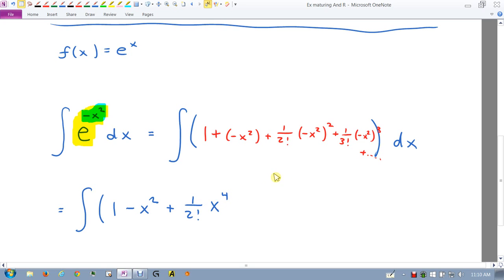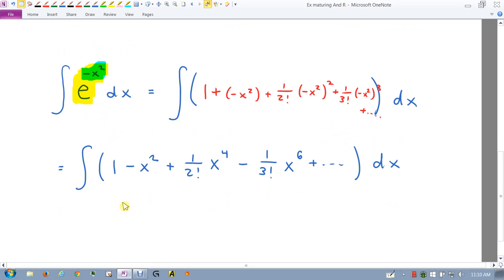Now what about the next one? When you take negative x squared and cube it, you get what? Negative x to the 6th, right? So I'm going to turn this into a minus 1 over 3 factorial x to the 6th. And then I could keep going, couldn't I? And could you integrate this term by term, couldn't you?